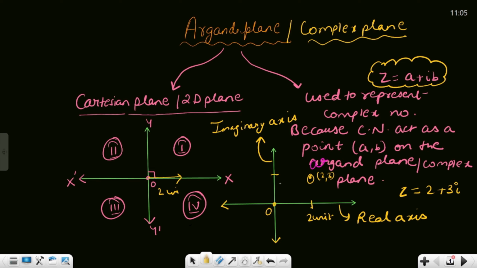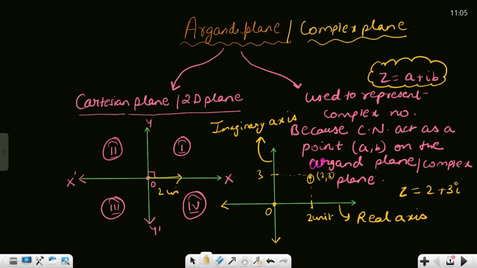On the imaginary axis we plot our imaginary part, and on the real axis we plot our real part. This is our desired point. As you can see, z is equal to 2 plus 3 iota is acting like the point 2 comma 3 on the Argand plane, or complex plane.